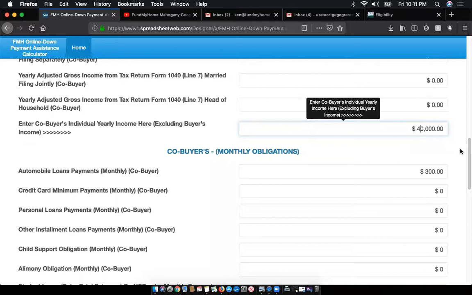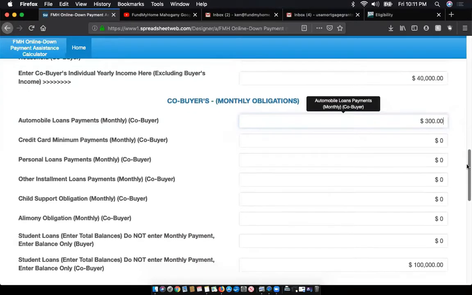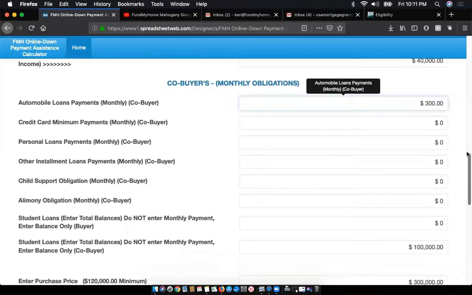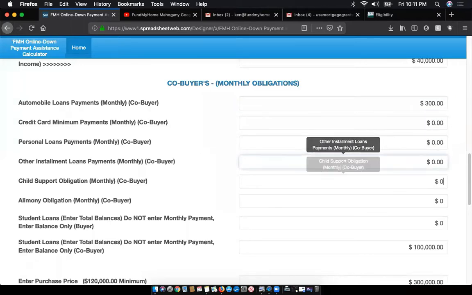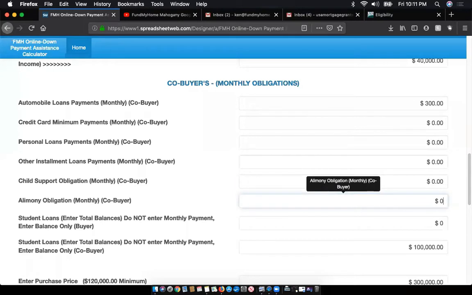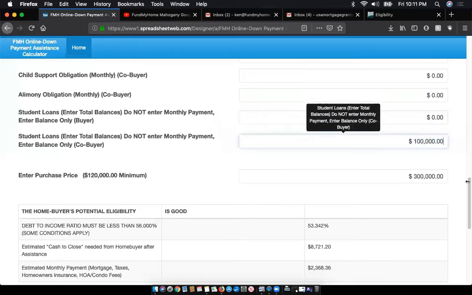And then we'll do the same with the obligations. You enter, say in this case, $300 a month of car payment and nothing else. Okay. So continue down, and student loans.